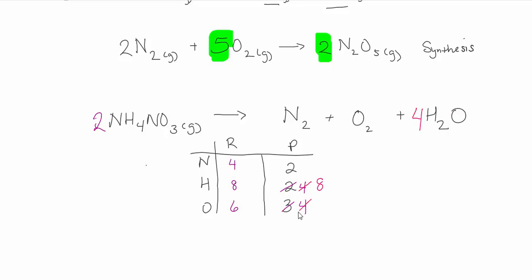But this is an easy one to solve, because if I put a 2 here, then I have a 4 here. Double check. 2, 4, 8, 6, 4. 4 times 1 is 4 oxygen, plus 2 more is 6. Hydrogen is 8. Now we have a balanced chemical equation.